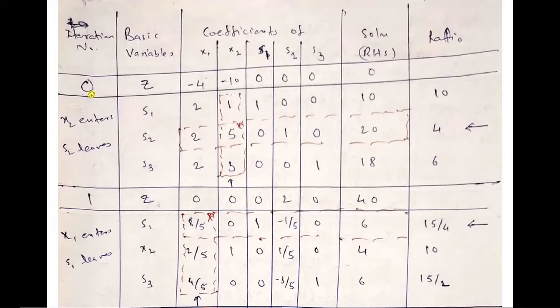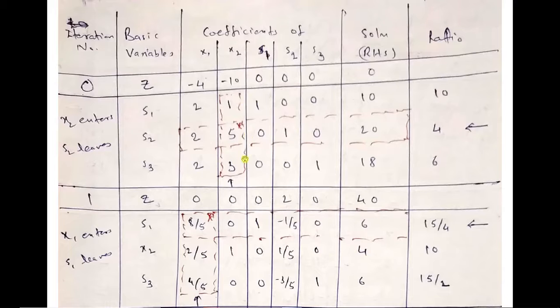So iteration number 0, basic variable z and s1, s2, s3, and these are the coefficients in equivalent form, these are the coefficients in first constraint, these are the coefficients in second constraint, and these are the coefficients in third constraint.